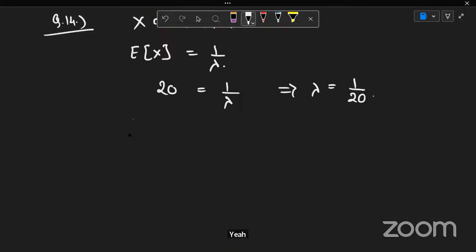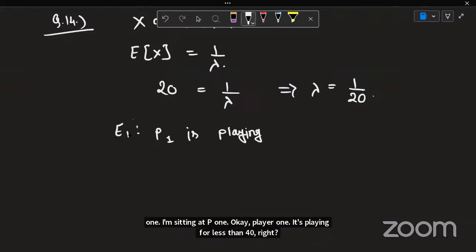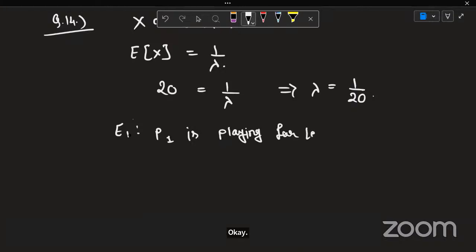Yeah. For this kind of question, you have to make events first, like fix some event. Let's say E1 is the event that player 1 is playing for less than 40 minutes.